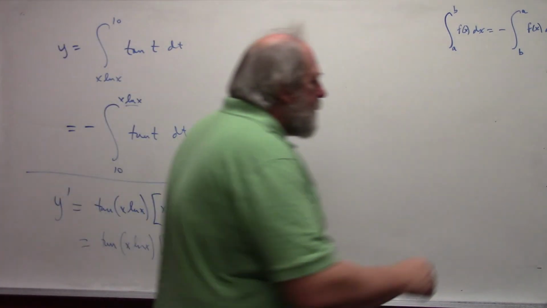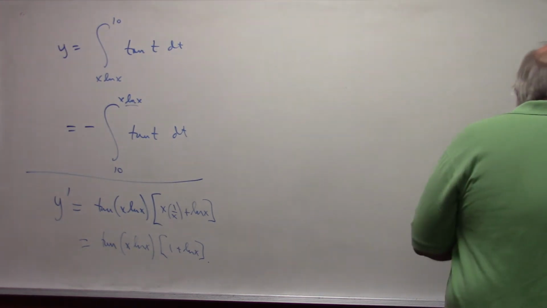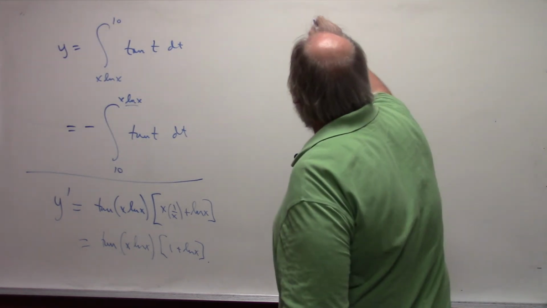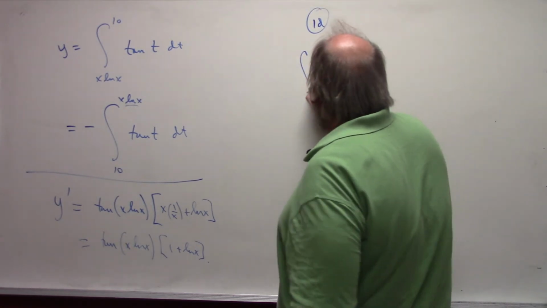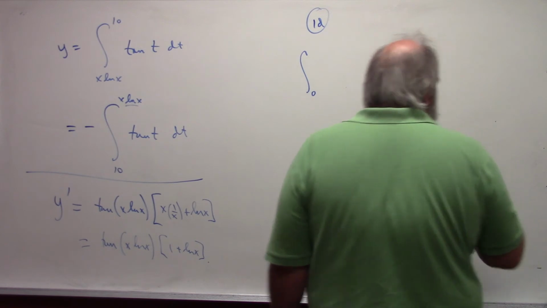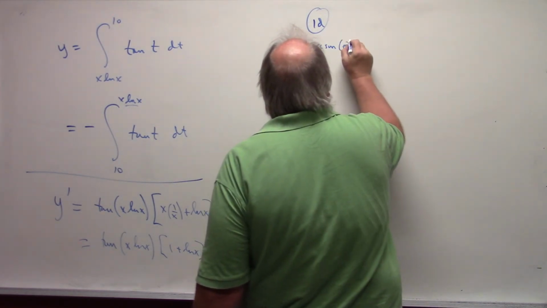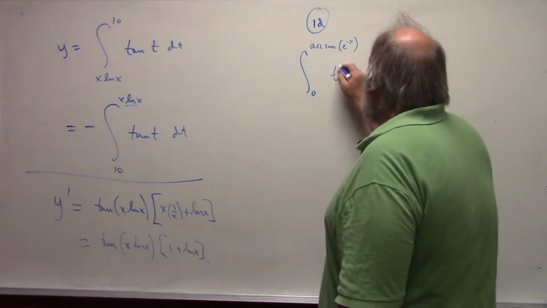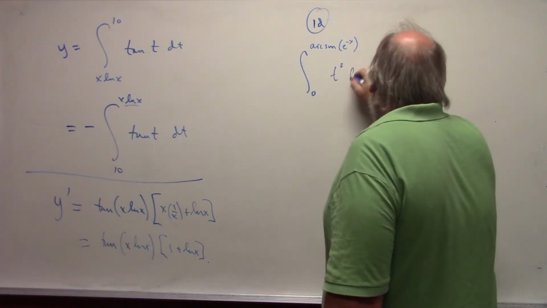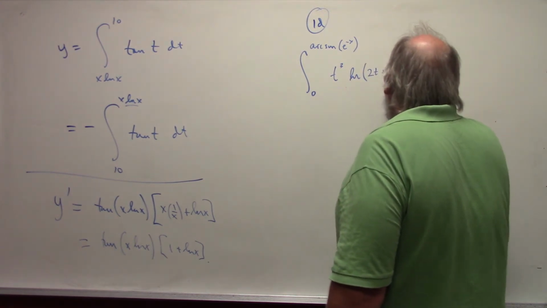Let's suppose that I have this one, which is 1D in the worked out solutions. The integral from 0 to arc sine of e to the negative x of t cubed times the natural log of 2t plus 1.